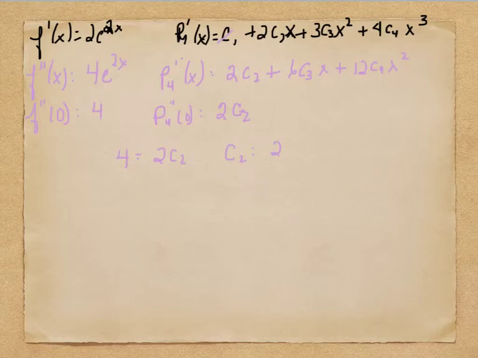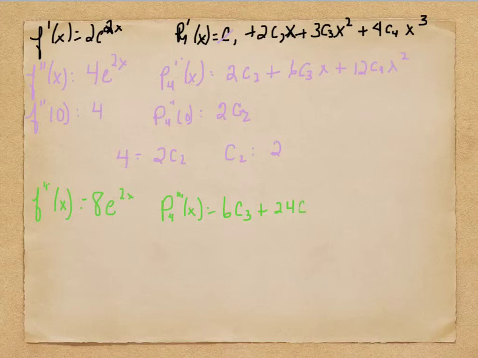Now let's move on and take the third derivative. So f triple prime of x would be 8 e to the 2x. p4 triple prime of x would be 6 c3 plus 24 c4 x. f triple prime of 0 would be 8, and p triple prime of 0 would be 6 c3.